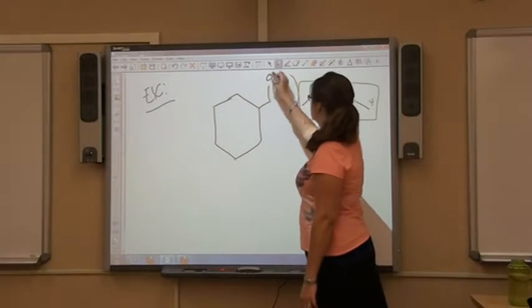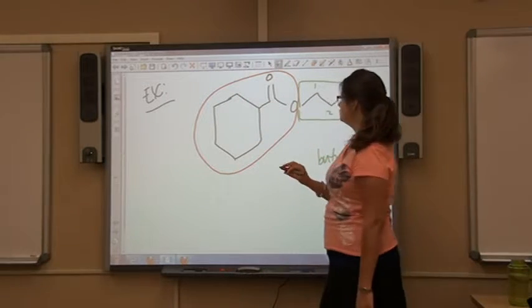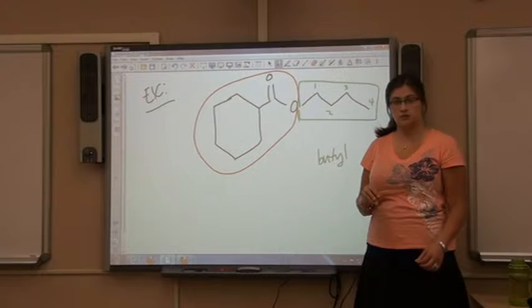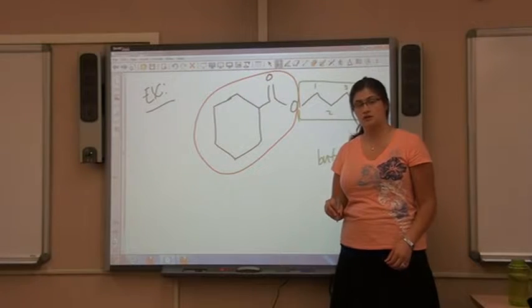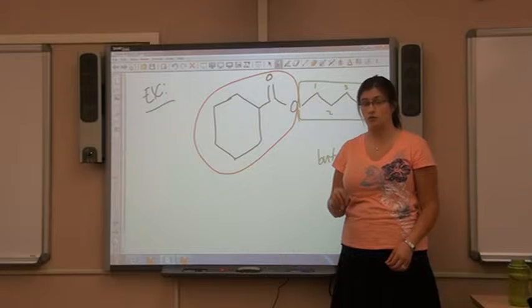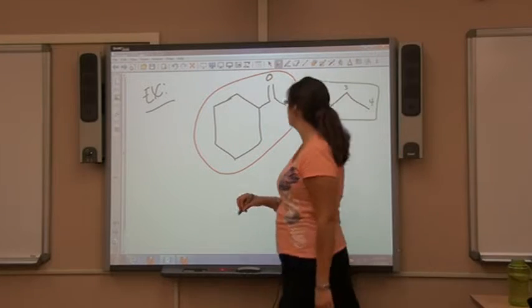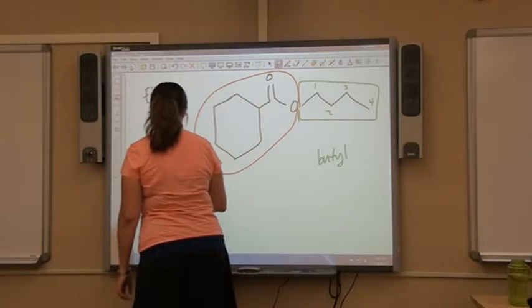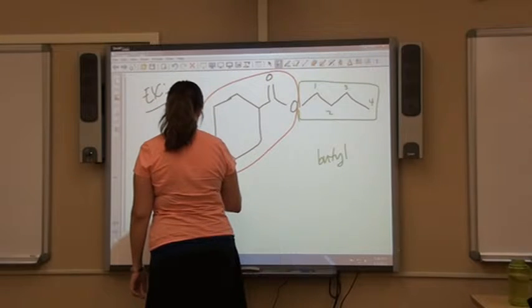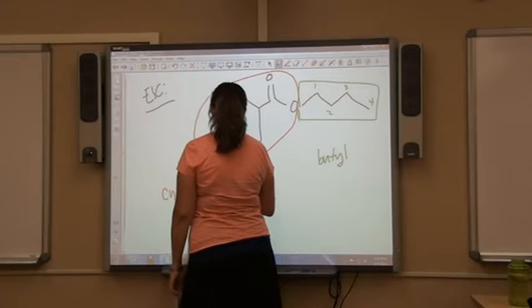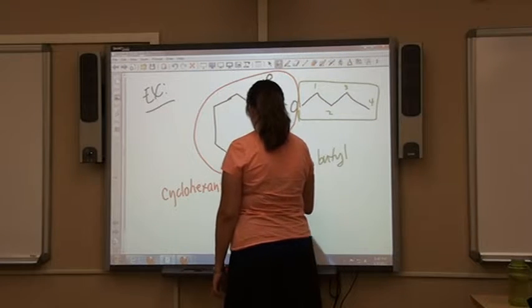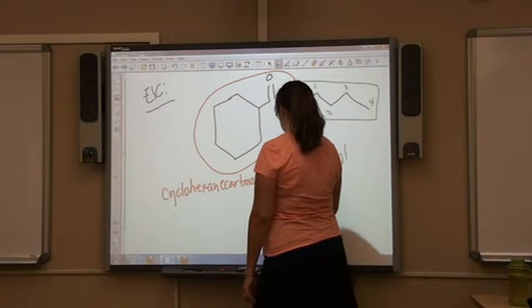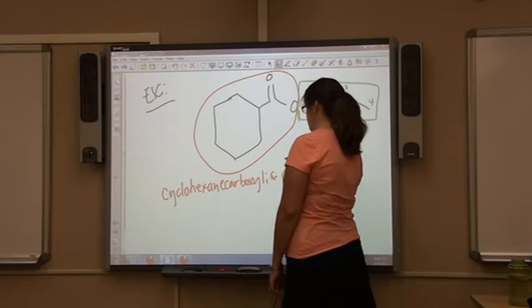Alright, acyl. How do you name this as a carboxylic acid? If you can't think about it right off the top of your head, you might want to go back and watch a little bit of part 1. This is cyclohexane carboxylic acid.